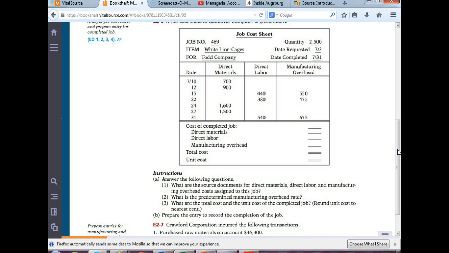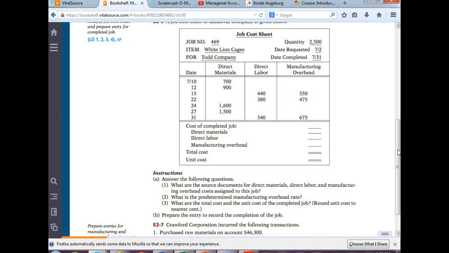What are the total cost and the unit cost of the completed job? What are our direct materials at? $4,700. 7 plus 9 is 1,600, plus 1,600 is 32, plus 1,500, 47. What is our direct labor? 1,360, yep.